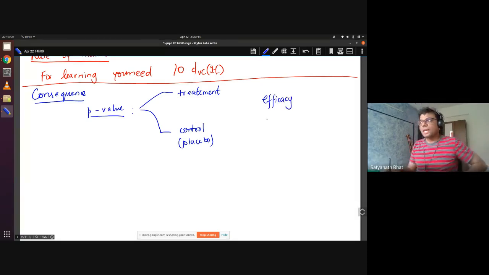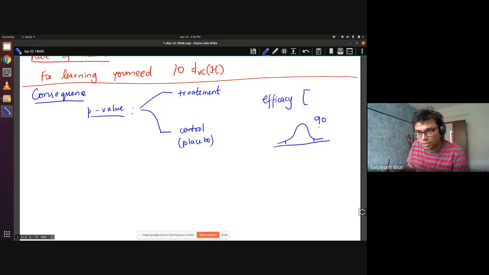So what you would get is an interval. The average will be something like, let us say, 25, but you will get an interval, a 95% interval, so that this probability here is 0.025, and this probability here is also 0.025.